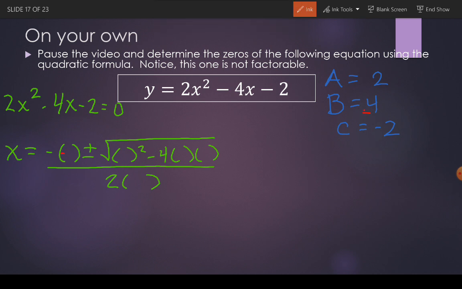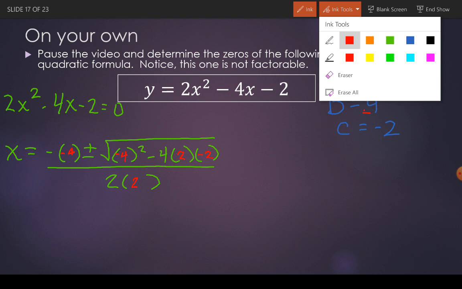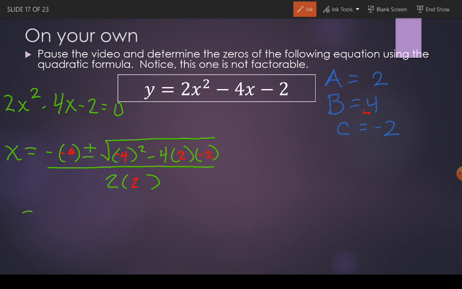So we'll have negative 4, and then negative 4 again, times a is 2, 4ac, negative 2 over 2. And we can simplify this. So 4 plus or minus the square root of 16 plus, well, 8 times 2 is 16, all over 4.